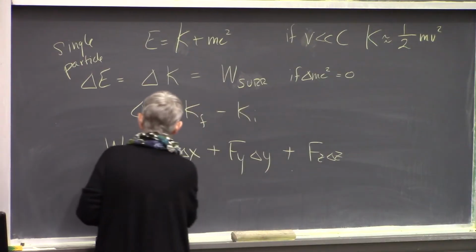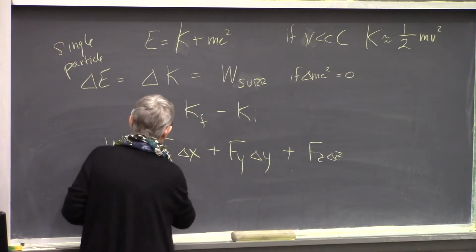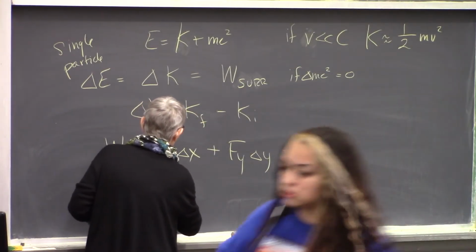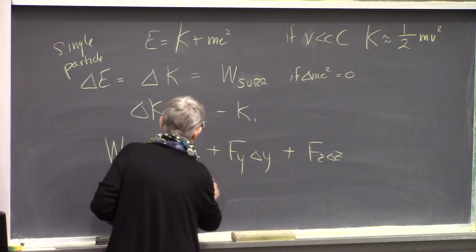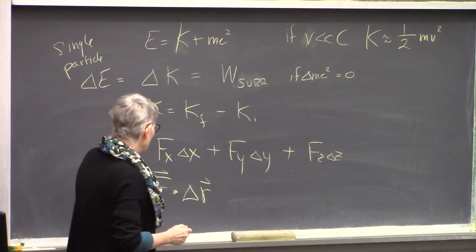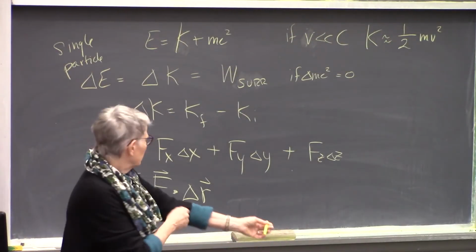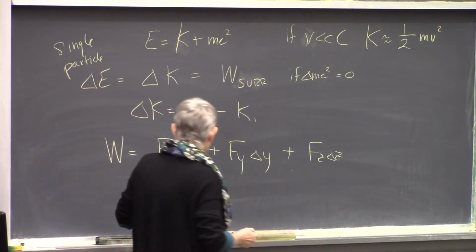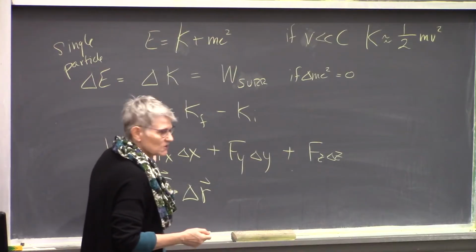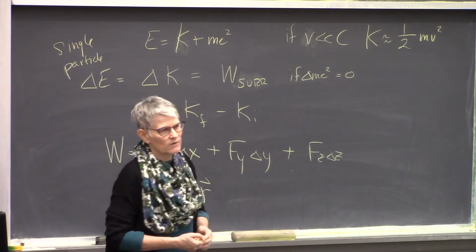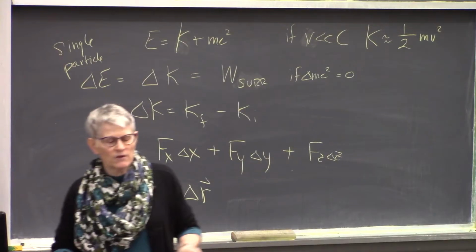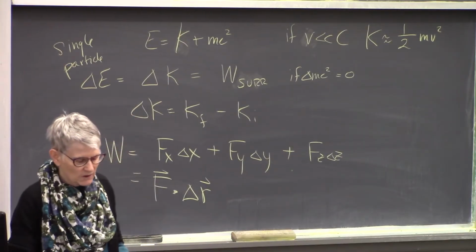And then we can write this as the dot product of two vectors, the force and the displacement. Inherent in here is the dot product, because what this means is Fx delta x plus Fy delta y. Even though we're starting with vectors, the end result is a scalar, right?